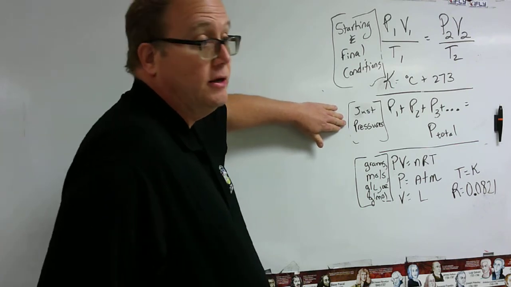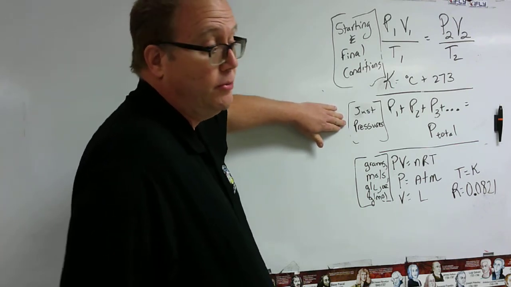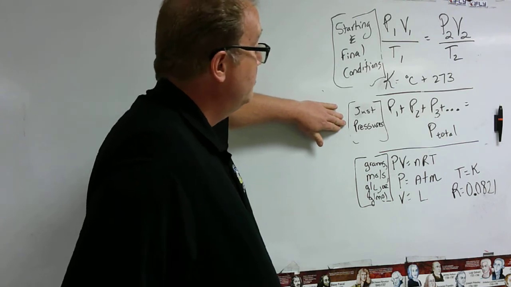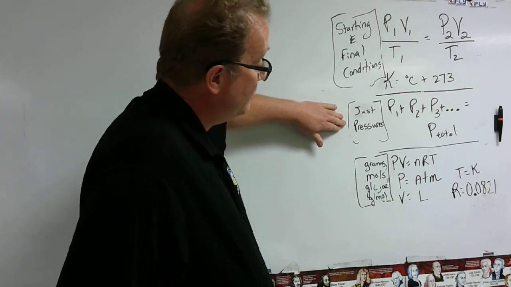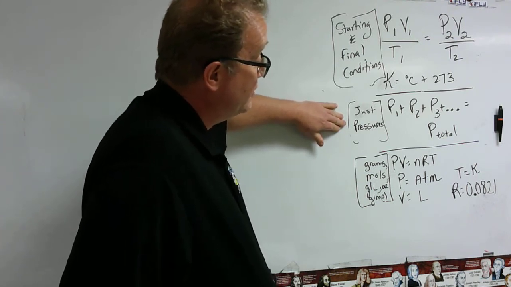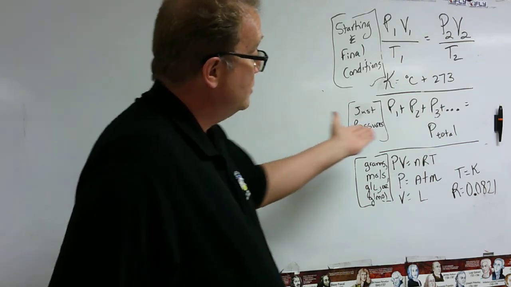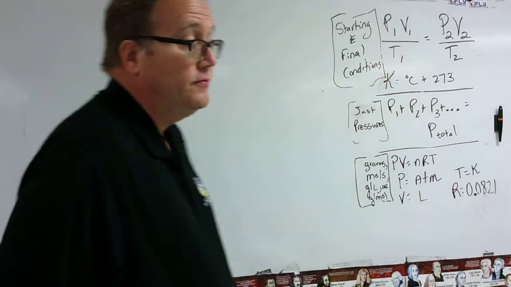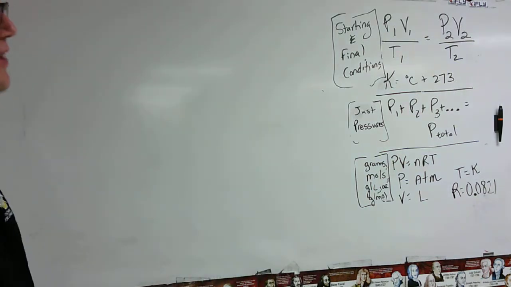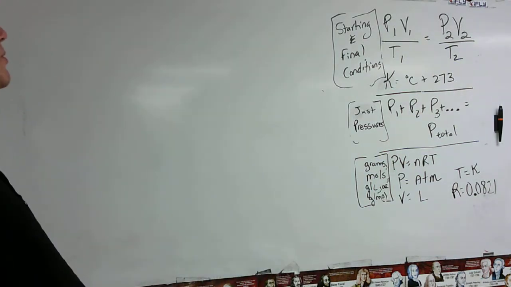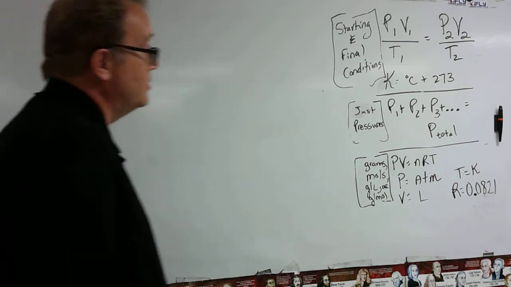It's not really important to remember who made the law, but it is the parts of it that are actually important in the calculation. So basically it's a very simple law. You've got pressures of different gases, and it can be more than 3 pressures.